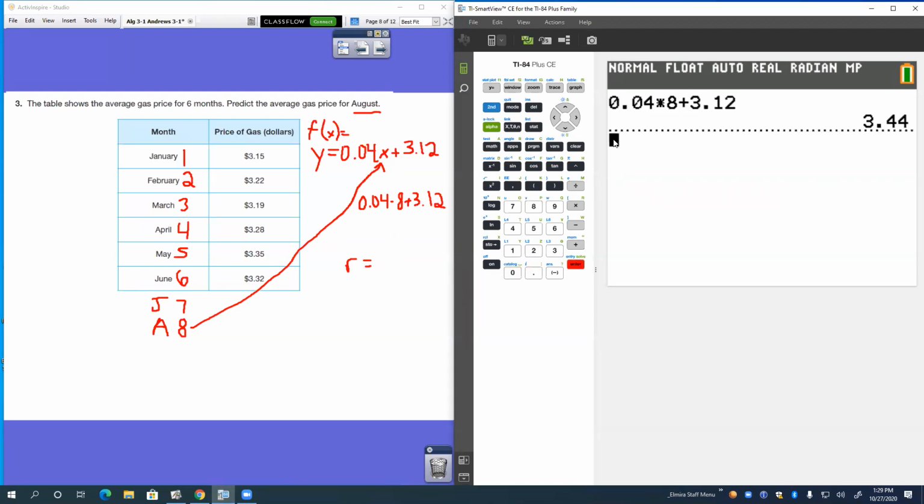And I get 3.44. So for the month of August, 344 is my prediction for August.